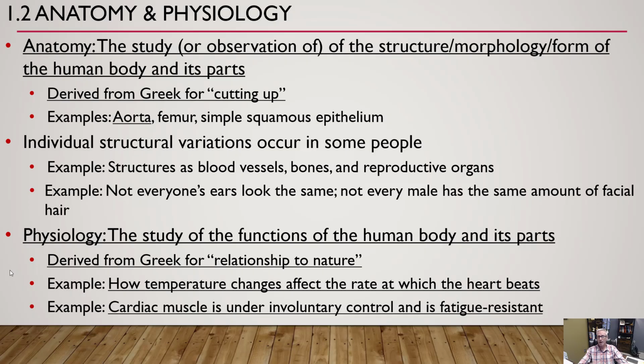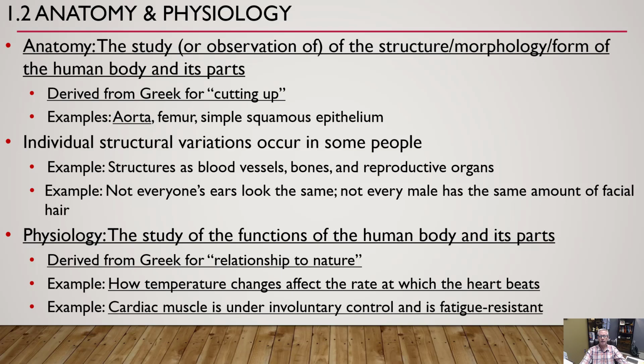Some of us have more bones than other people. Not everyone's ears look the same. Not every male has the same amount of facial hair. So there's just some different examples of how we all look different.